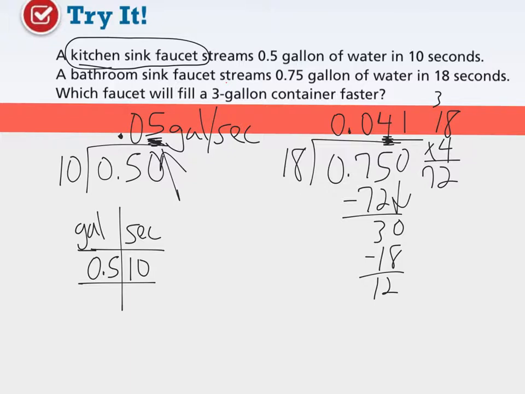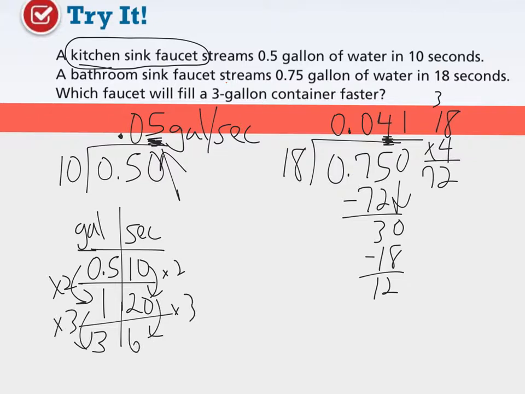So you could think of how many half gallons do you have in 3 gallons, or you can just get this up to 1 gallon if you want to. You know, half gallon took 10 seconds, 1 gallon would take 20 seconds. Okay, just 2 times as much there. And then 3 gallons, well, from 1 to 3, that's 3 times as much. So 3 gallons would take 60 seconds for the kitchen sink.